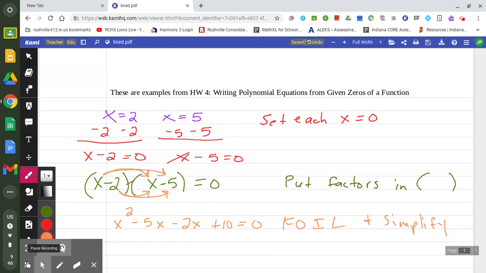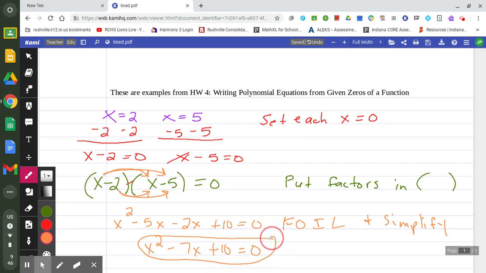I also need to simplify. So this will be x squared, and then I've got negative 5x minus 2x, so minus 7x plus 10 equals 0.